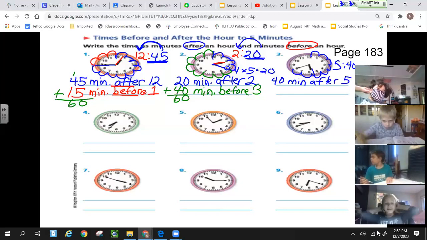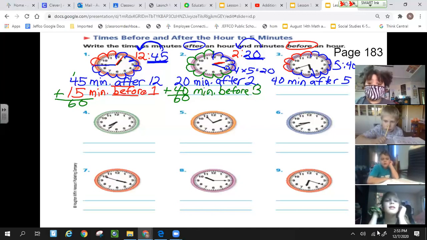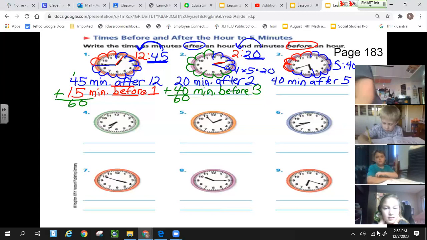All right, how would I say it before? 6 before. Count by 5s. 5, 10, 15, 20.